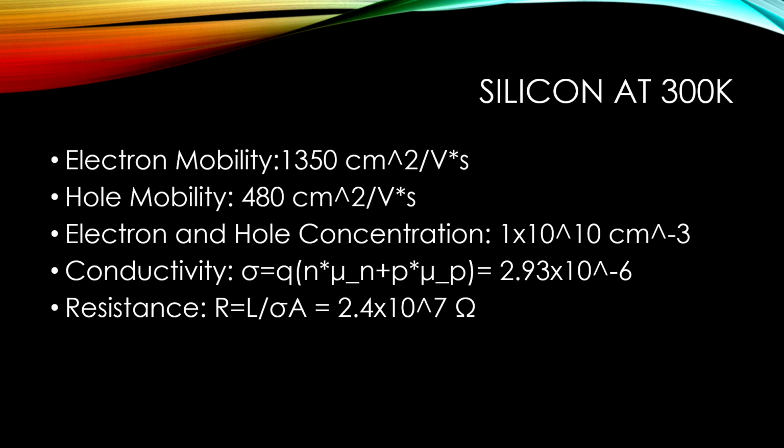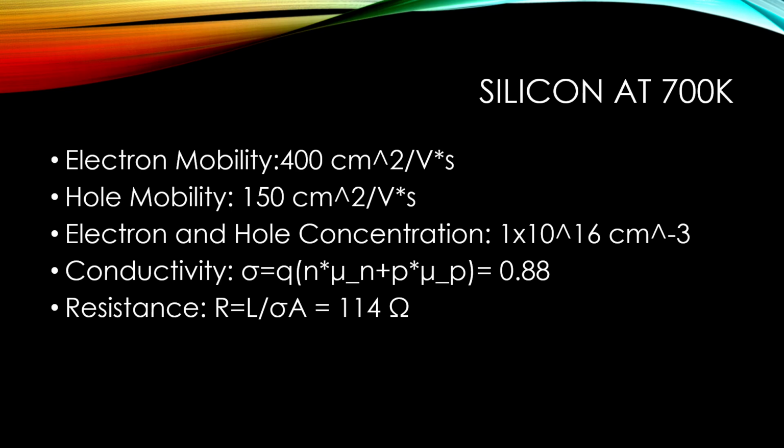And our resistance can be calculated using R equals length over conductivity times area, which came to a total of 2.4 times 10 to the 7 ohms.